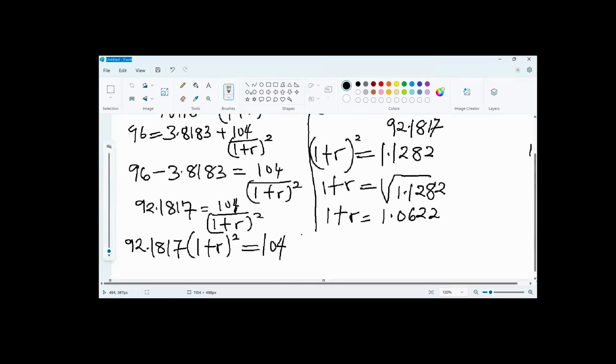Therefore, r is equal to 1.0622 minus 1, which gives us 0.0622. Therefore, r in year 2 as a percentage, multiplied by 100, is 6.22%. The spot rate at the end of year 2 is 6.22%.